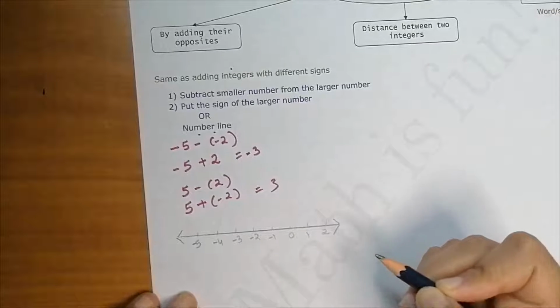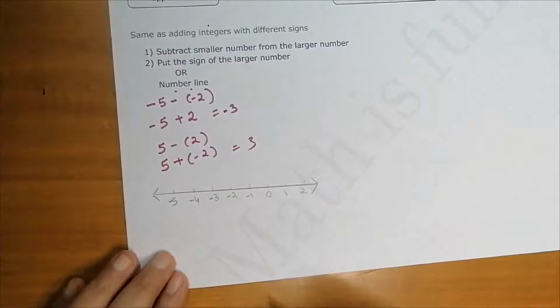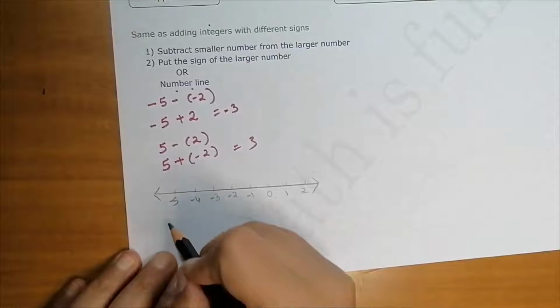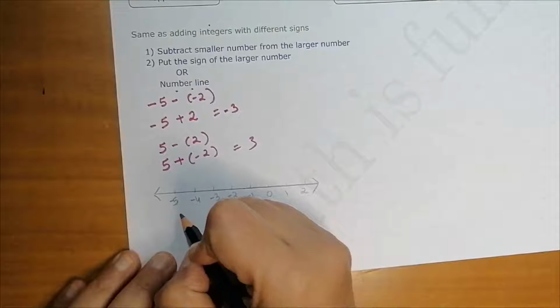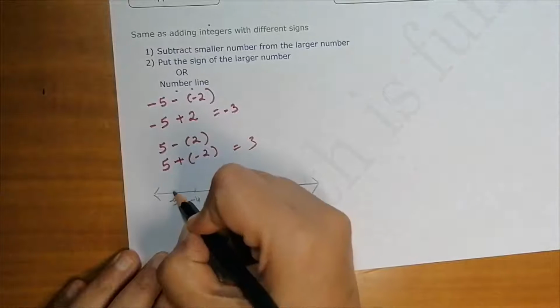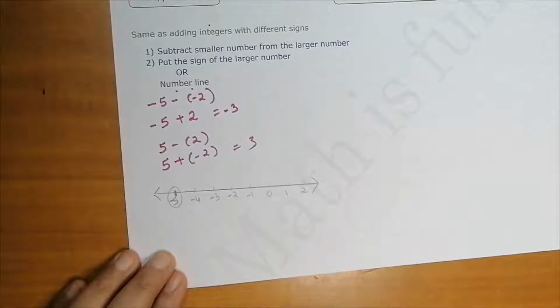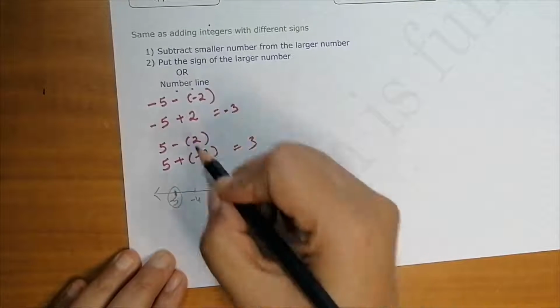I guess that should suffice; if need be, we will extend it. So what do we need to do here? It says -5, so we start here, and then you add the opposite.